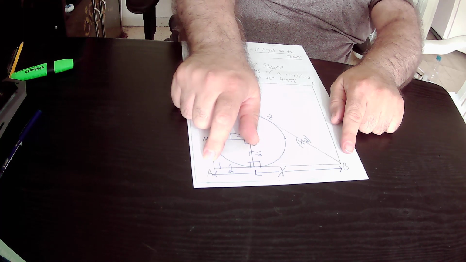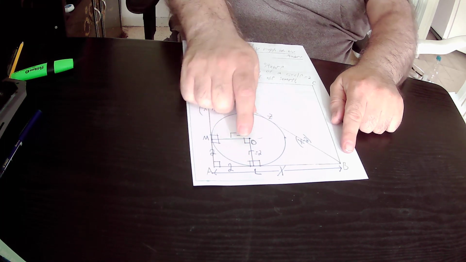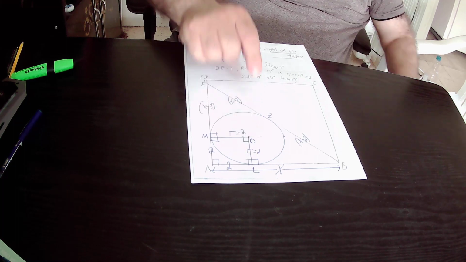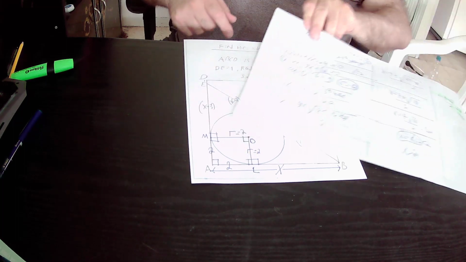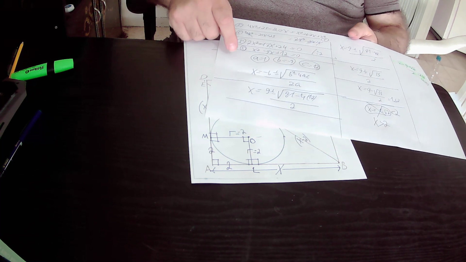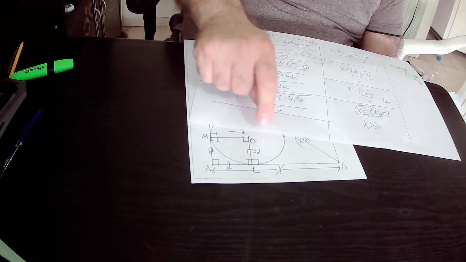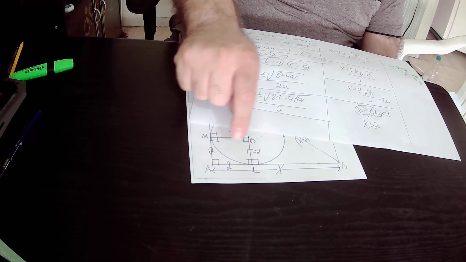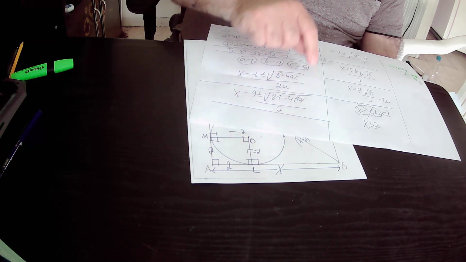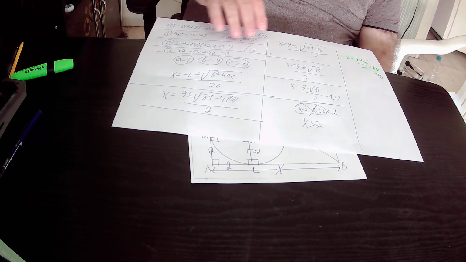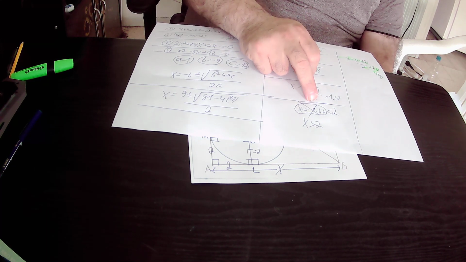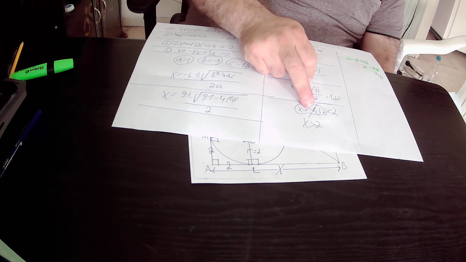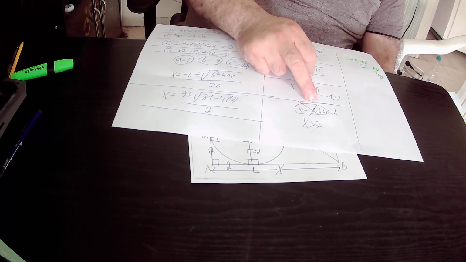So x must be greater than 2. And 1.62 is less than 2, and x must be greater than 2, so this solution is an incorrect solution.